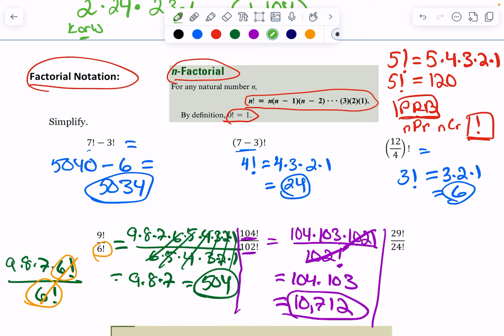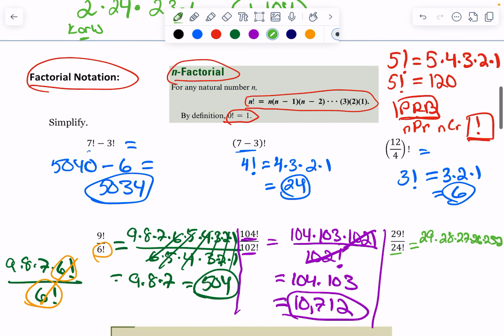Okay, next one is 29 factorial over 24 factorial. We're going to do the same thing. We write the 29 factorial, the first numbers until we get to 24: 29, 28, 27, 26, 25 times, and I don't have enough room, let me write it under. 29, 28, 27, 26, 25 times 24 factorial, divided by 24 factorial.